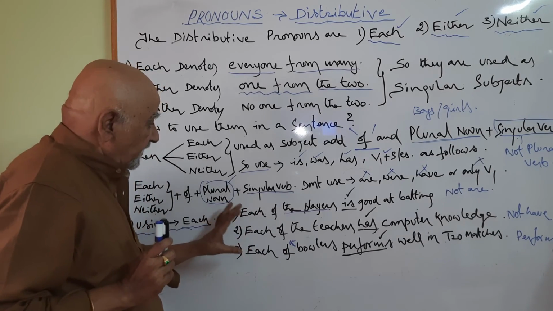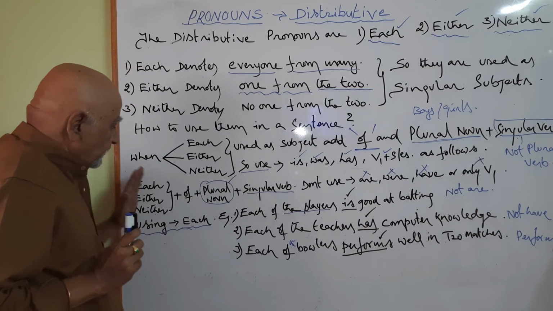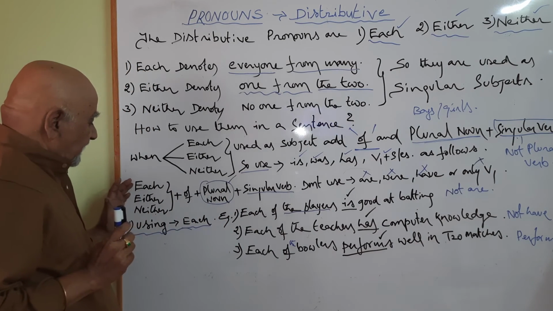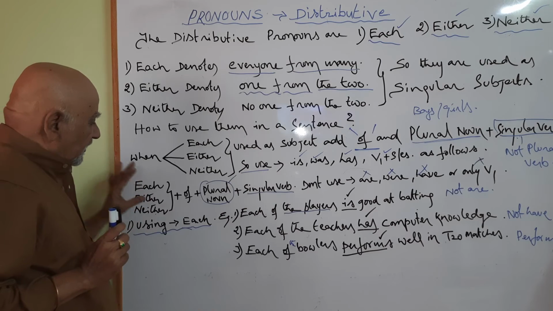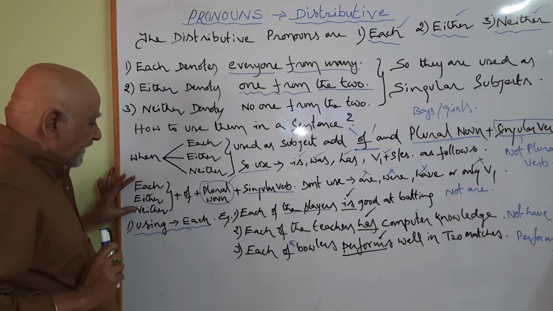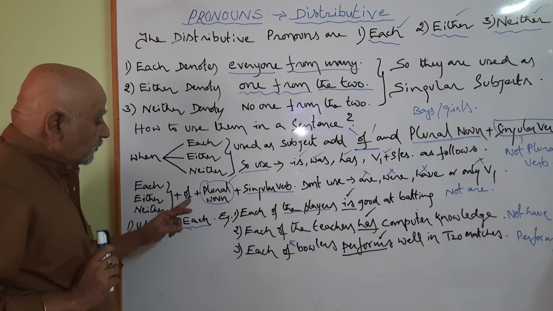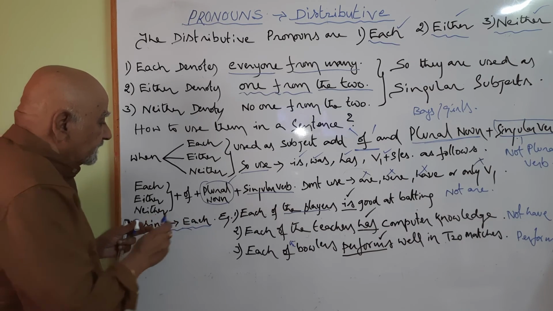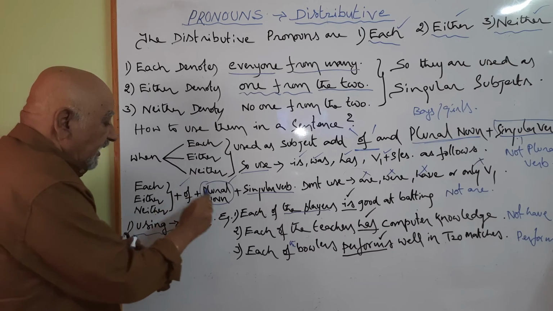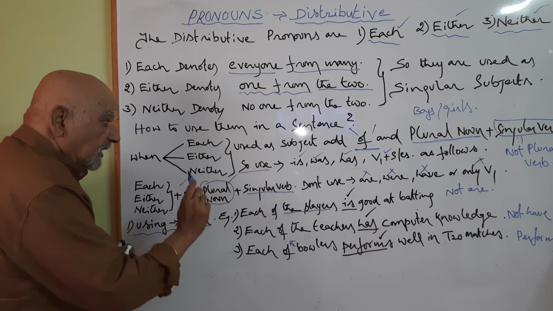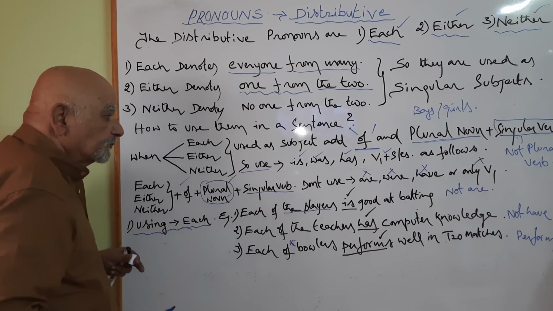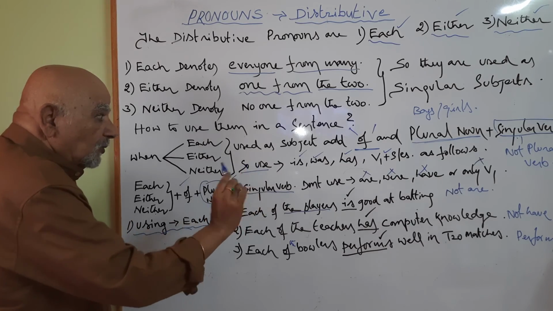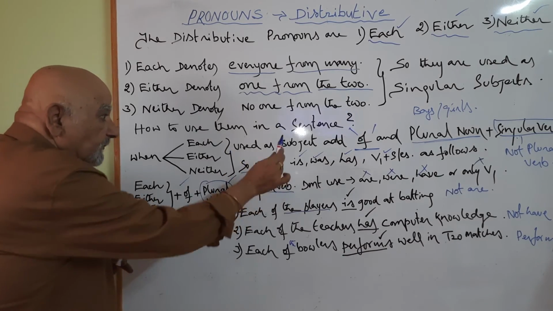So what is the formula? First, don't forget the formula. See, each, either, neither may be used as subjects. Immediately what we have to add? Of. We have to add of. Next, what noun? Not singular, plural noun. What verb? Not plural verb, singular verb.